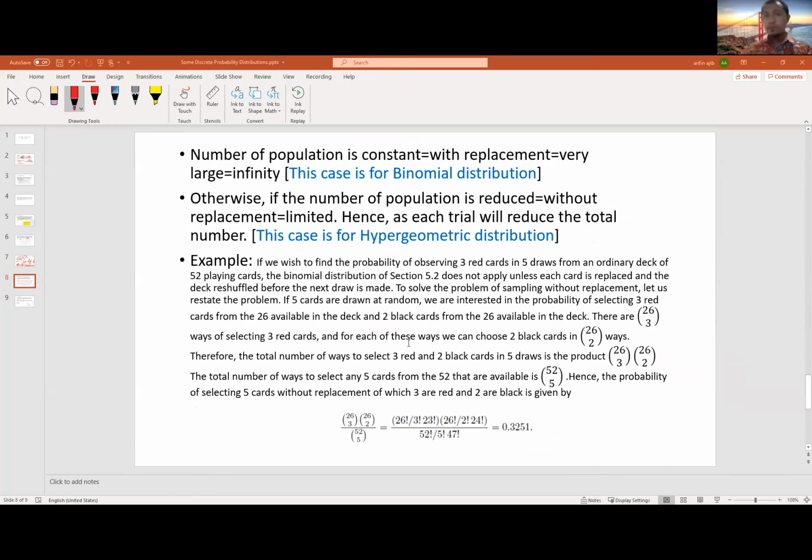Yeah, by now we already discussed the binomial distributions, probability, the pattern of binomial distributions, also the CDF of binomial distributions, and the case when we apply binomial distributions.